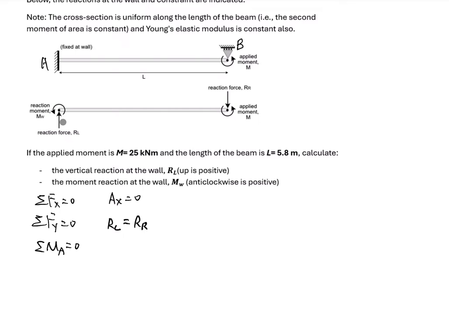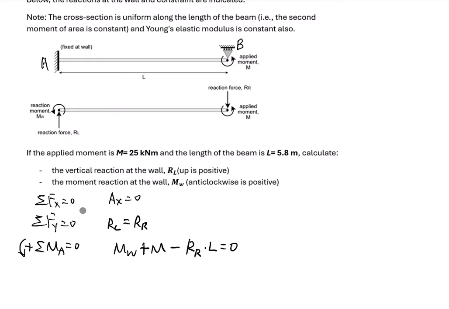Taking counterclockwise as positive, MW is positive, the applied moment M is positive as well, and the reaction force RR produces a bending moment at support A in the clockwise direction, so it's negative: RR times the lever arm L, equal to 0.